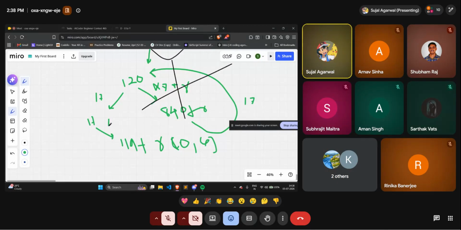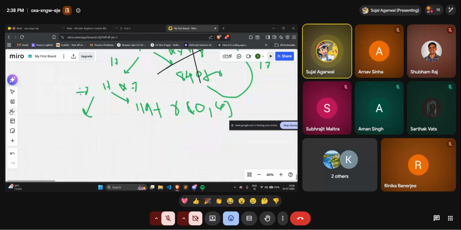This is what multiplication by 7 would give me. We can divide it by 7 again if we wish. So division by 7 would give me, 17 divided by 7 would give me 2. And if we perform the division again, we can get a 0.